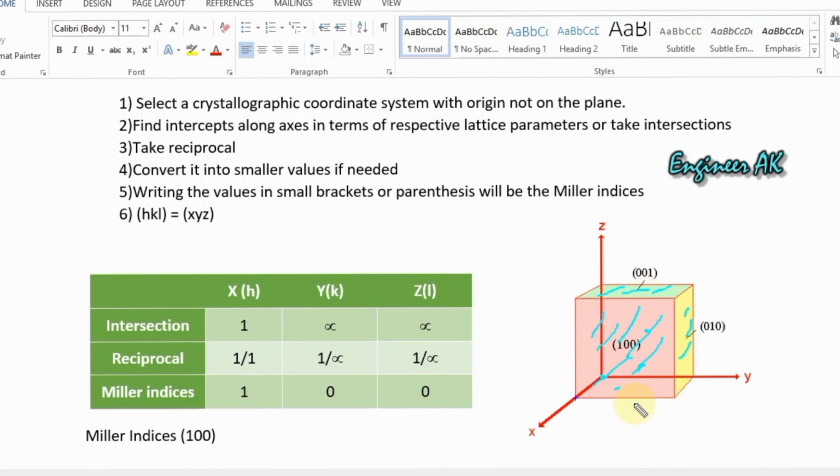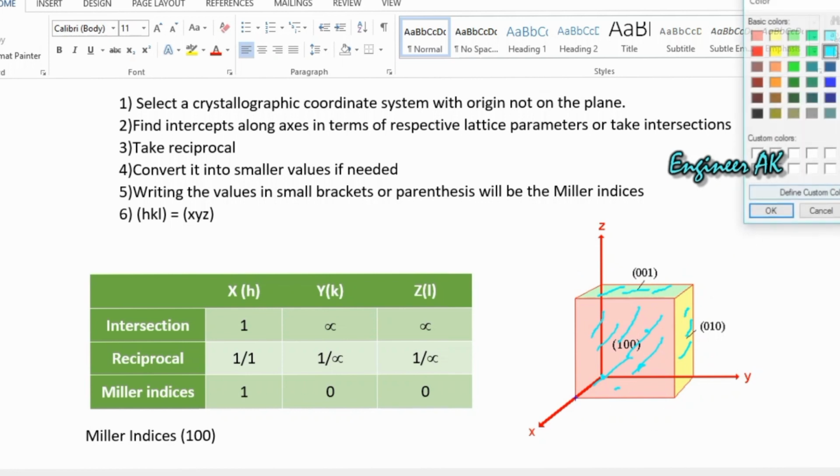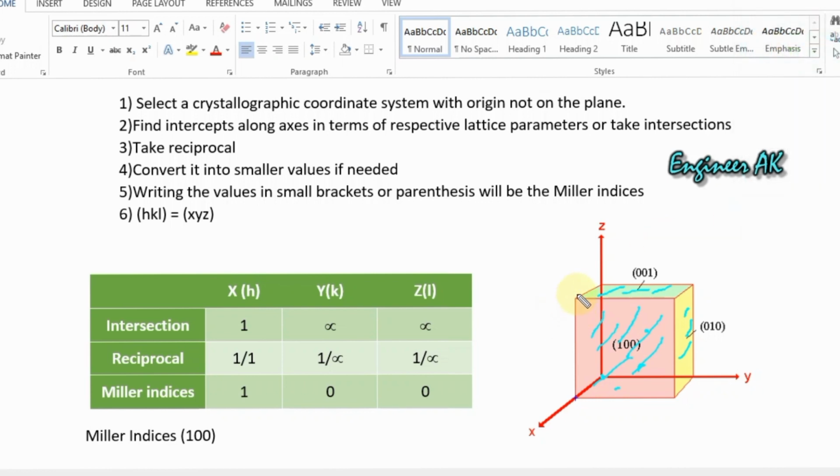This is a crystallographic plane, and let me show you how this plane is made. Here is an atom, here is another atom, here is another.